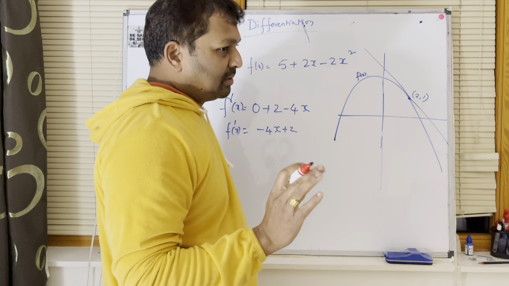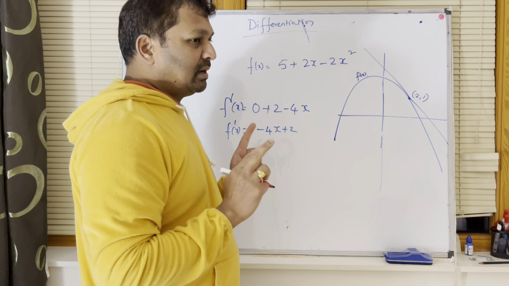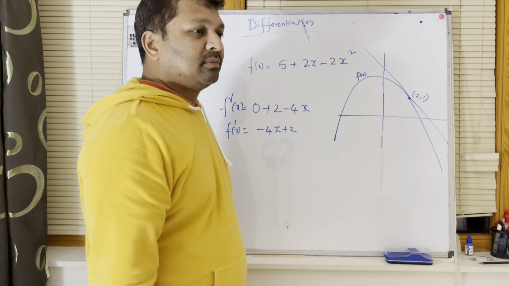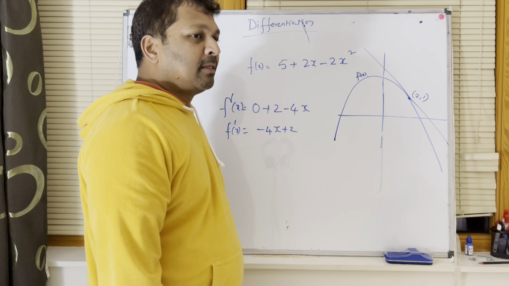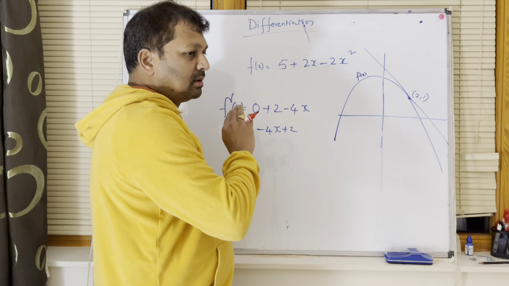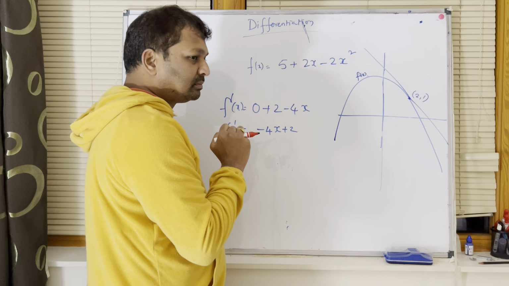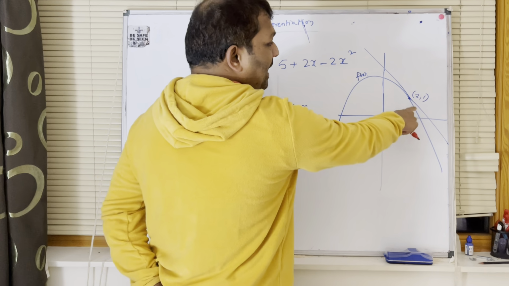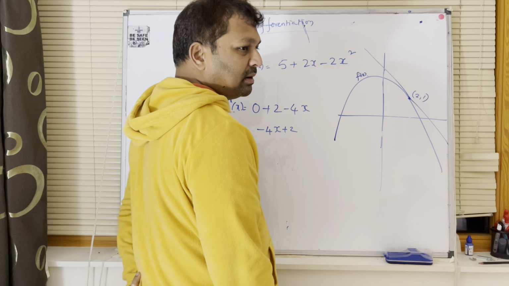To find a line equation, you need at least 2 points, or 1 point and 1 slope. But in this case, only 1 point is given. So find the slope of this line at (2, 1).